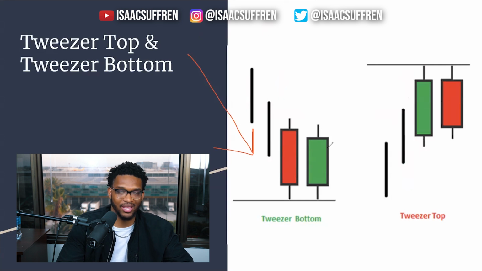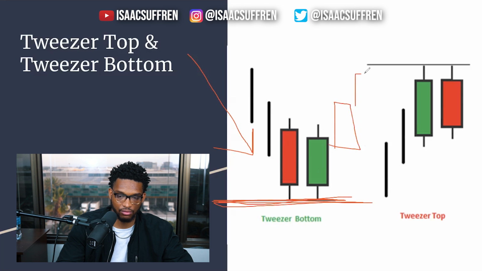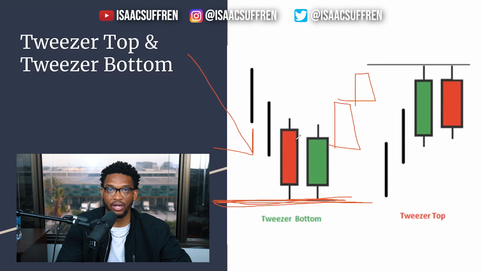What that usually signifies, especially if it's at support, because you only play these at support or resistance, just like any other candle, is a nice reversal. Had a move down right at support, bearish candle, and then a bullish candle right beside it. Wait for some confirmation, obviously, like I've been saying, and then you'll get a nice reversal out of this, right?